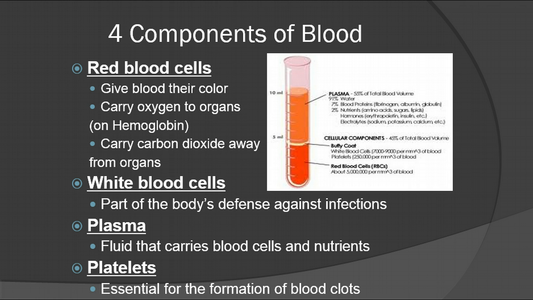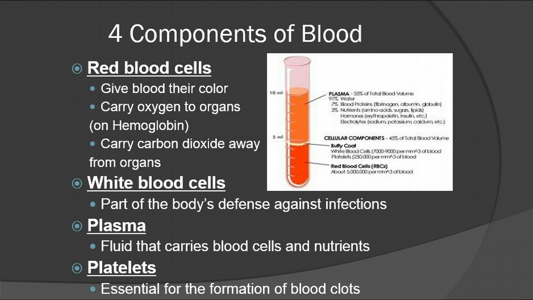But those are the main functions, the main purposes of red blood cells. White blood cells are for your immune system response, and there's a lot of different components to the white blood cells. We could go into that, but it's not necessary. Then you have plasma. Again, I told you what that was, and then platelets. Platelets are for blood clotting.